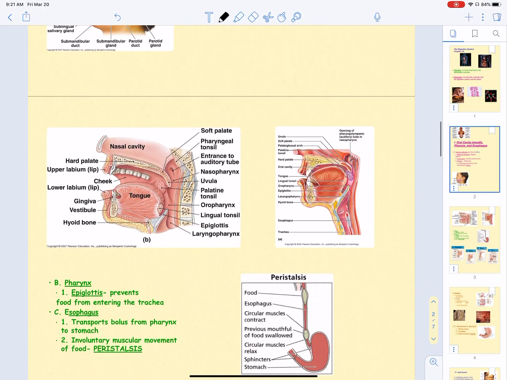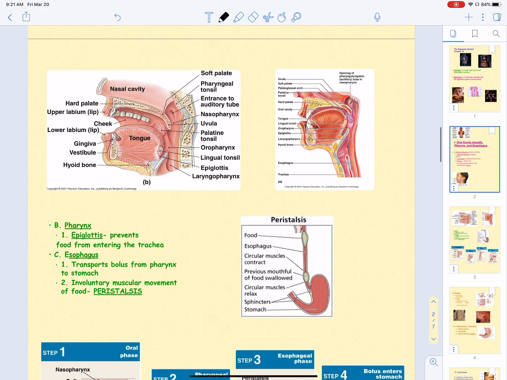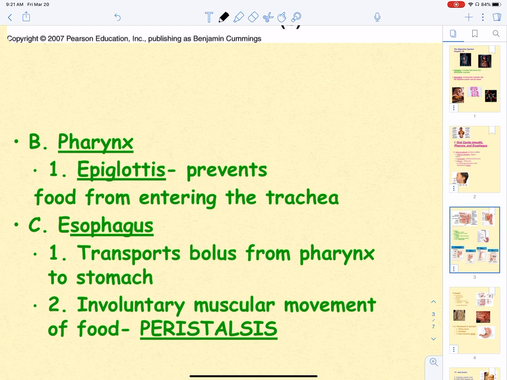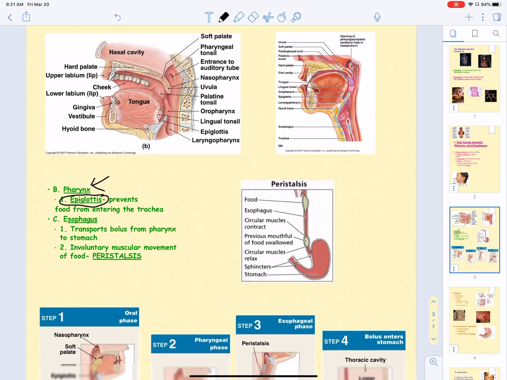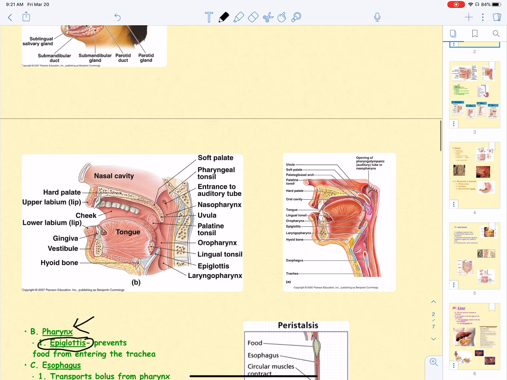Now, before it gets to your stomach, it has to pass through your throat. In your throat, you have a couple of things that are really important. Notice that your epiglottis is in your pharynx. This right here is your epiglottis. It is this little piece of tissue that comes up right here. Hopefully you can all see that.